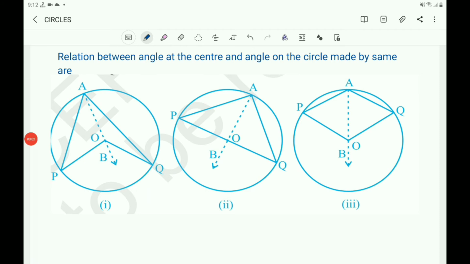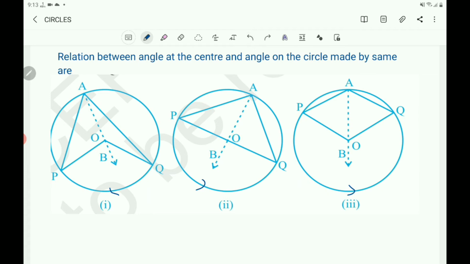Now let us discuss the relation between the angle at the center and the angle on the circle made by the same arc. Now you consider the first figure. See the first figure, PQ is an arc. And also see the second figure, here also PQ is an arc. And you see the third figure, here also PQ is an arc.